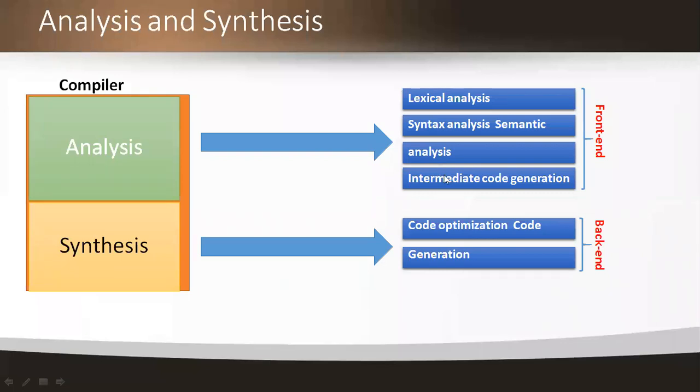So the intermediate code generator is acting as a mediator between the analysis part and the synthesis part. Make a note that the intermediate code generator generates an intermediate representation, acting as a mediator between the two.